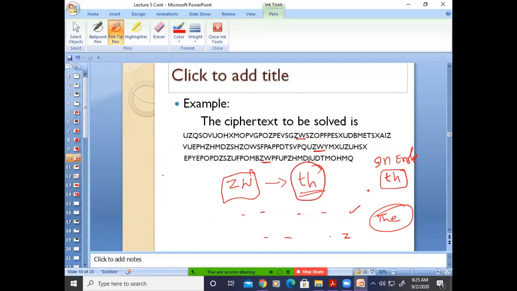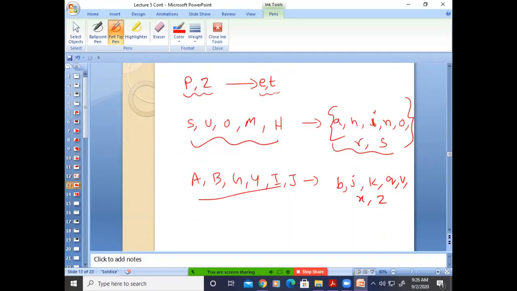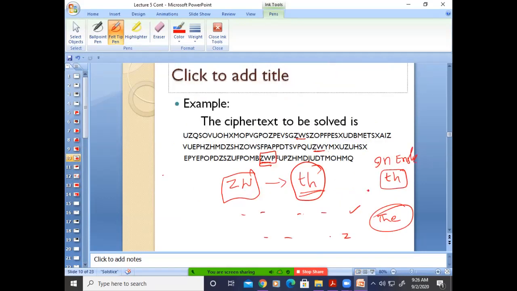Now, if we see the combinations, where are the ZW? There is a ZWP here, right? And there is ZWY, ZWS. Now, we already know that when we compare in the English frequency, P will be E. So if I replace P by E, now go back to the previous one.